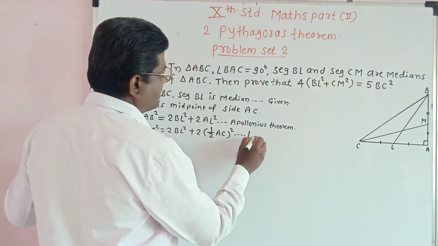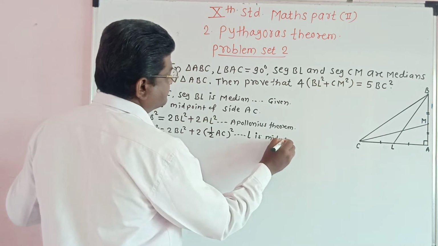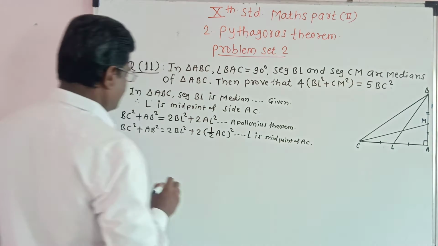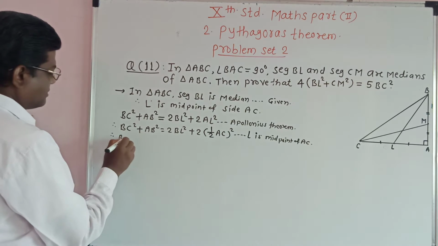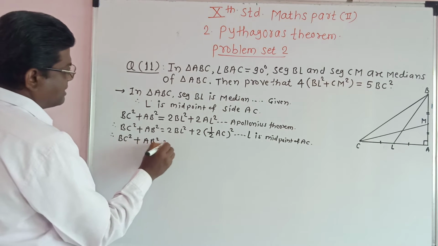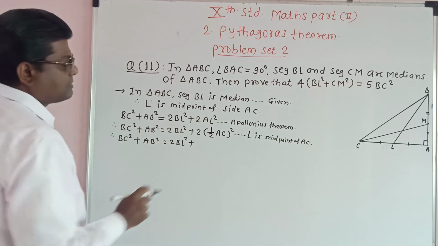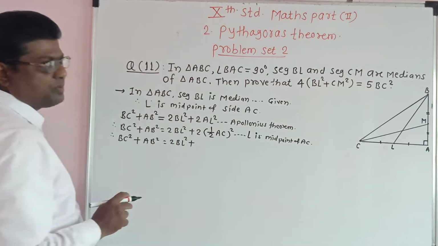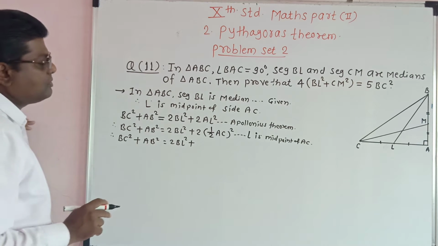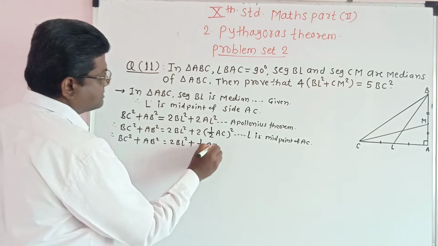Reason is L is midpoint of AC. Therefore BC square plus AB square is equal to 2BL square plus 1 upon 2 AC square, since the square will be 1 upon 4 AC square, and into 2 it will be 1 upon 2 AC square.